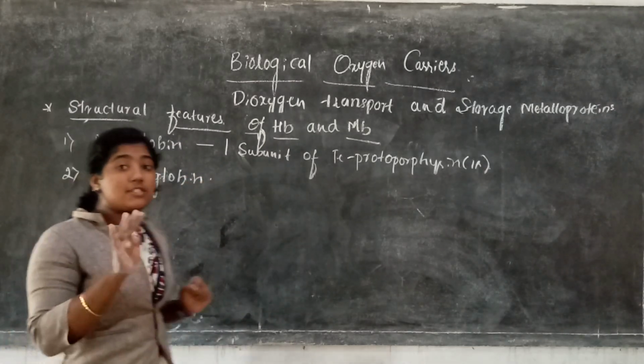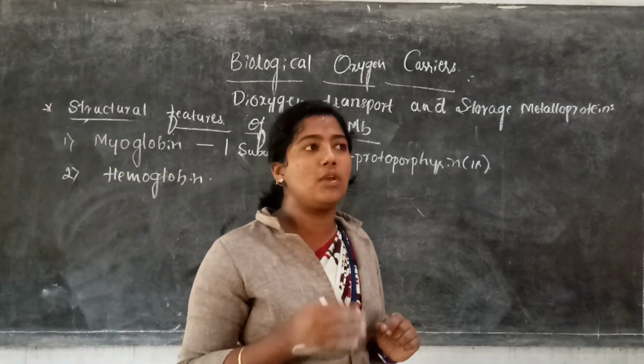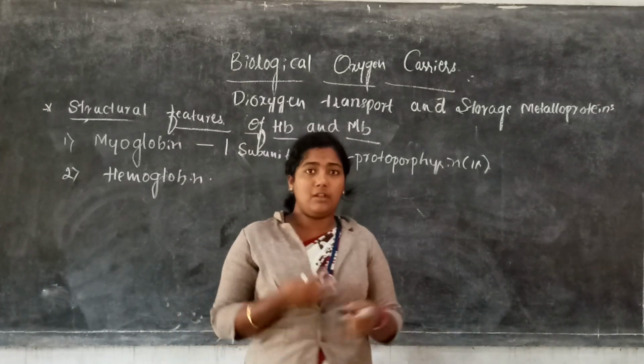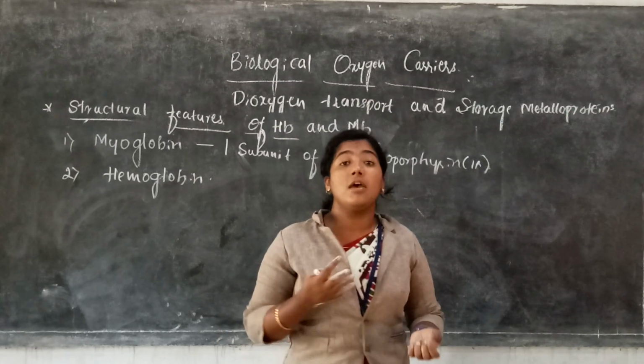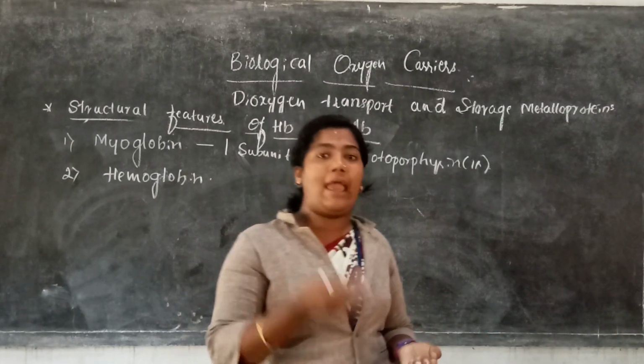Hemoglobin contains 4 subunits in invertebrates. So hemoglobin is present in different numbers in different organisms. The first is the vertebrates, invertebrates and annelid worms.